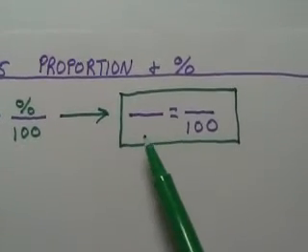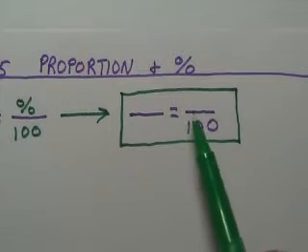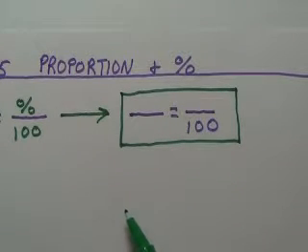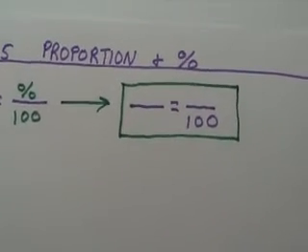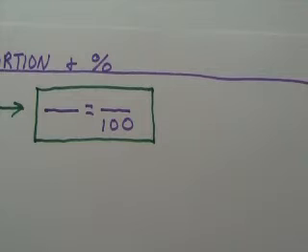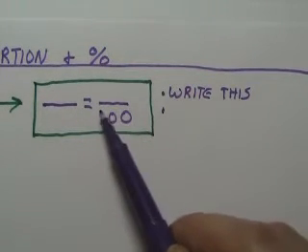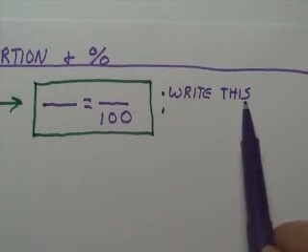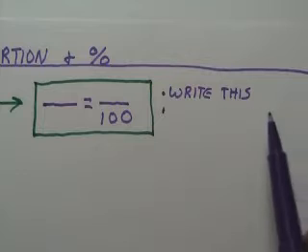So basically, for every problem, we're going to have to write this out. We're going to have to set up a proportion just like this: bar equals bar over 100. So every problem, you need to write this. These are the steps right here.